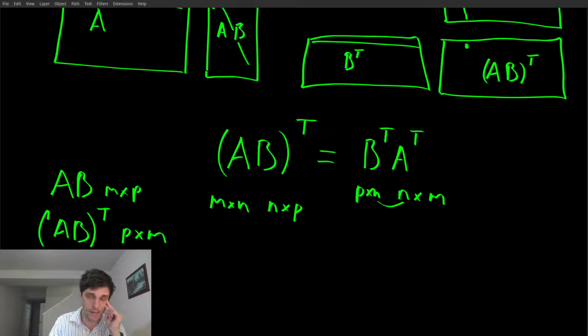My inner dimensions line up, and my output is P by M. So the dimensions at least work out the way that I have it written here. But of course that's not a proof that this is true. What I need is to somehow show that it's true for any matrices A and B, right?